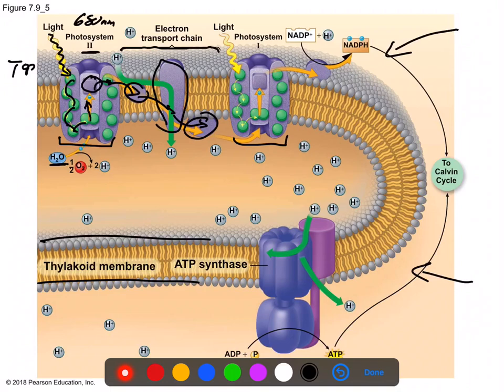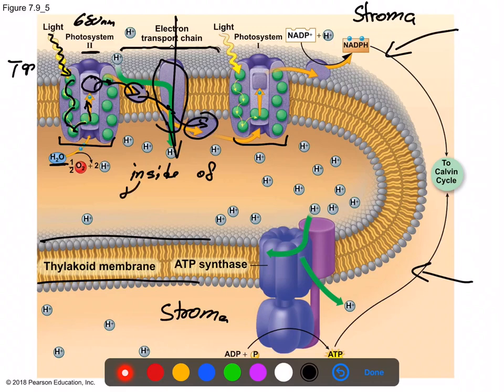What happens when electrons go from photosystem 2 to photosystem 1? They have to travel through the electron transport chain. And in doing so, we move ions from the stroma, which is here, and here.